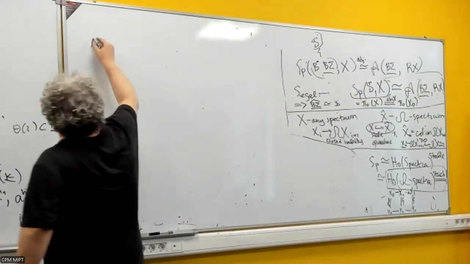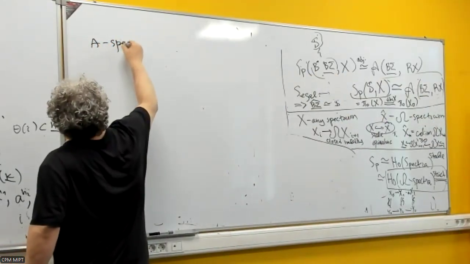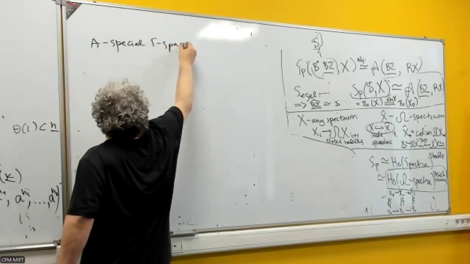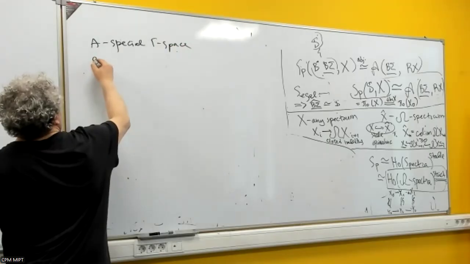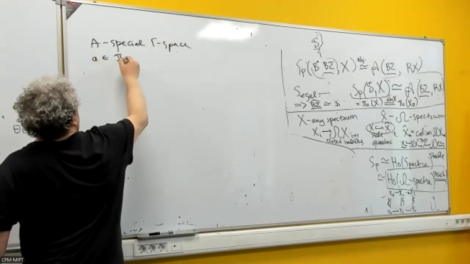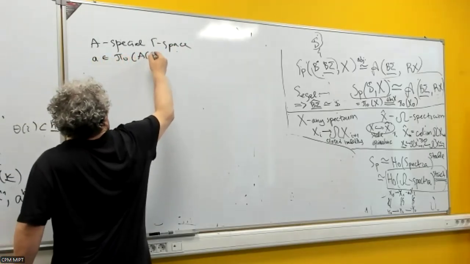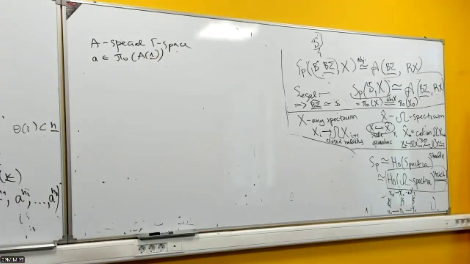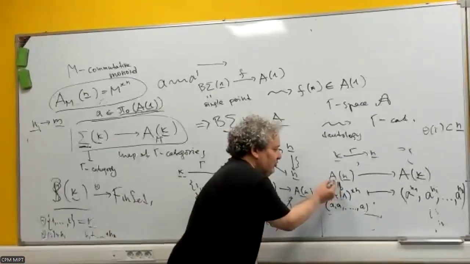But now I consider the general case, where A is any special gamma space, and a belongs to pi 0 of A1. In principle I would like to mimic the same speculation, but I cannot mimic it, because taking a here I have only a homotopy equivalence.